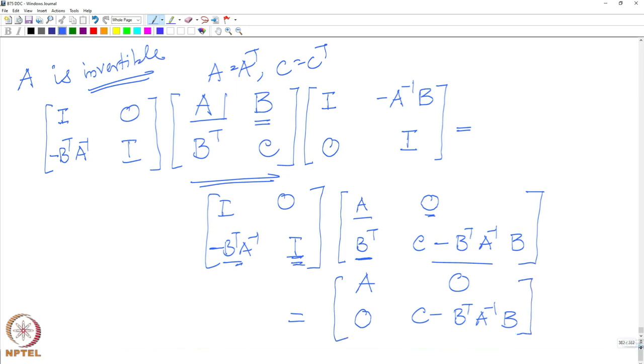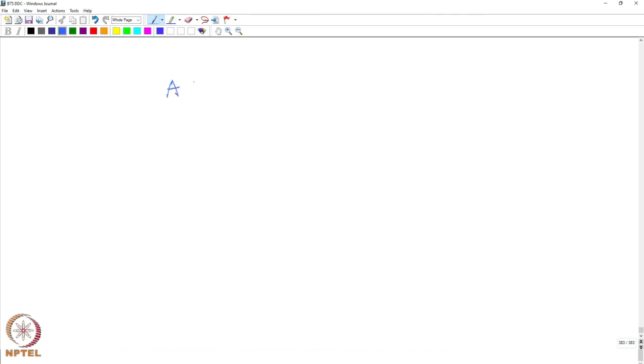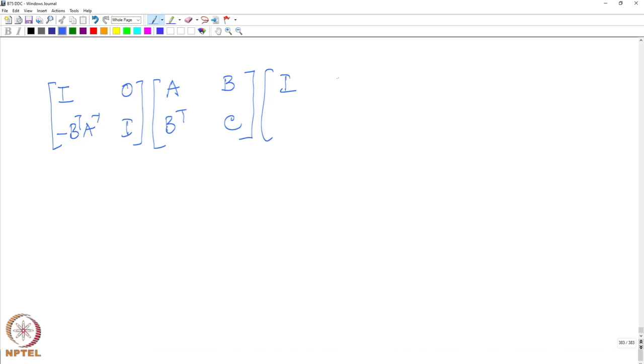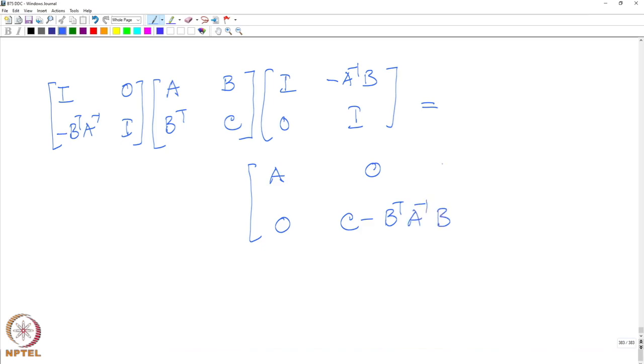Now, see what I have done. What has happened in this whole process is the following: I had a symmetric matrix A, B, B transpose C. This I multiply with identity 0 minus B transpose A inverse identity, and on the right I multiply by its transpose, minus A inverse B 0 identity, and that produces a block diagonal matrix that looks like A 0 0 C minus B transpose A inverse B. Okay?